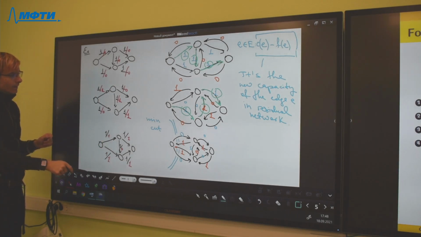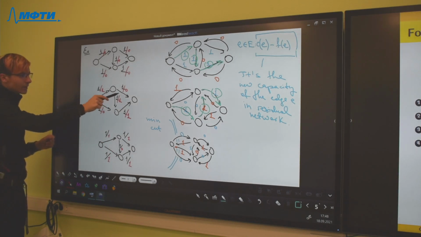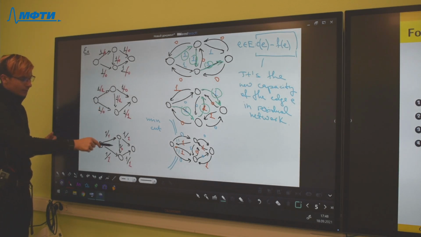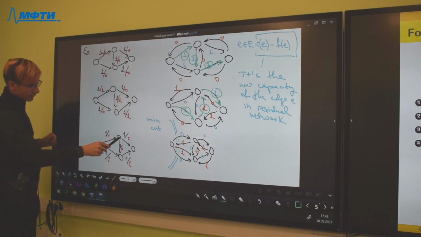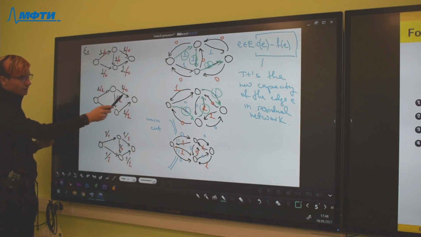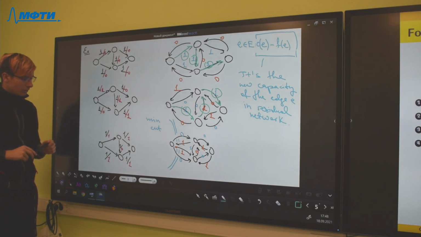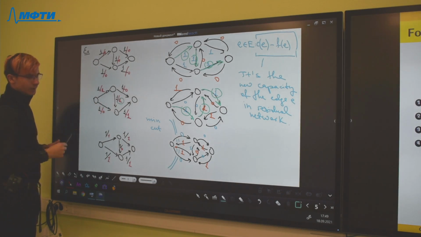Yeah? We don't touch this edge and this edge. We decrease flow through this edge by 1 and get 0 flow, and we increase flow through these edges and now get 1 and 1. Yeah? Why do we have 0 as flow in the middle? Yes. Because here we have flow equal to 1.